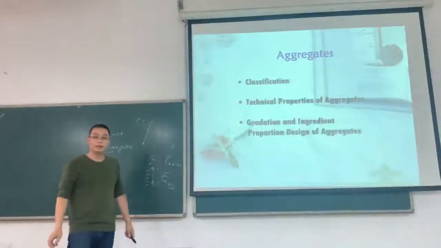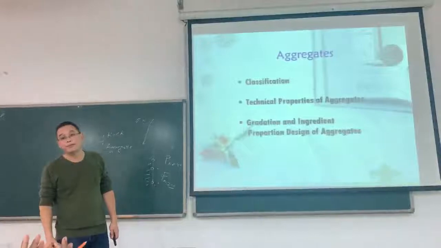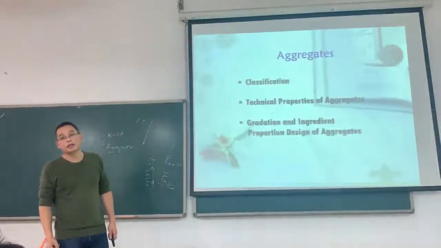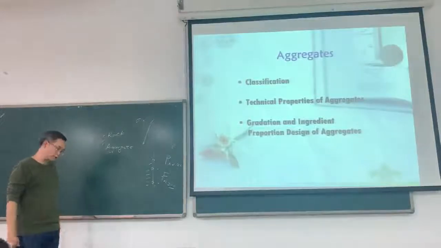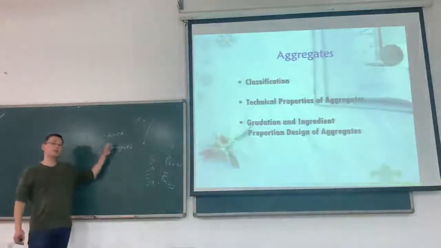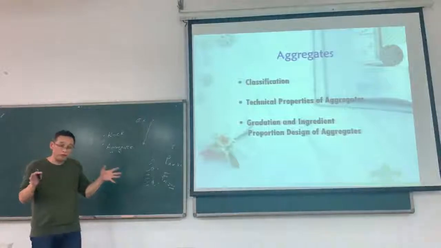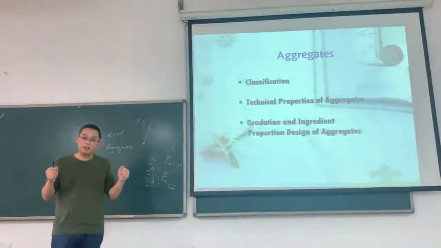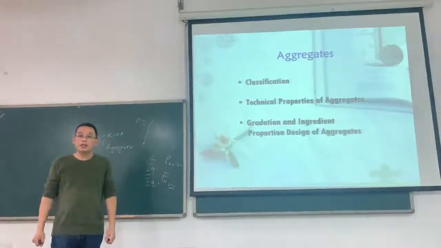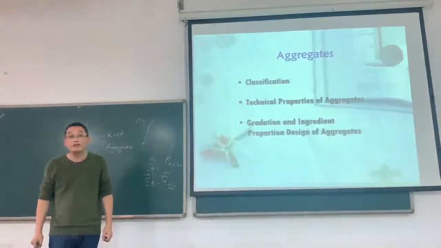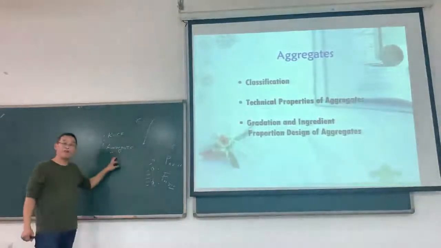This rock is natural, and we can get aggregate from rocks. Yes, great. We can get aggregate from the rocks. What is the difference? For aggregate, we modify the size. The aggregate can be modified from the rock.